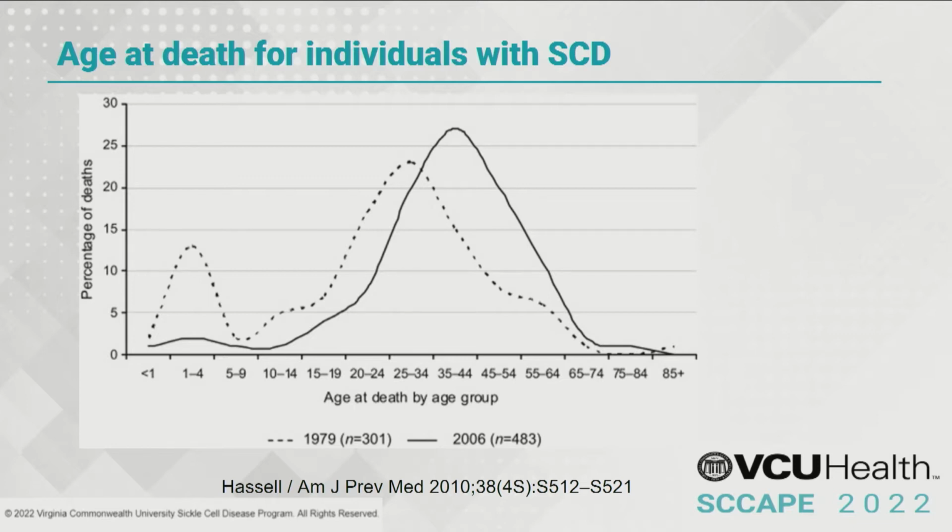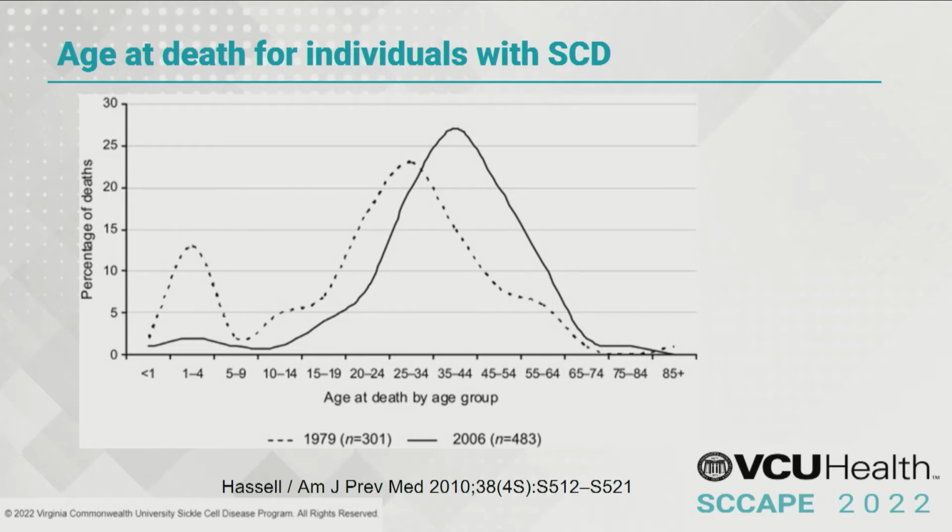What we see is that early on in the life of individuals with sickle cell disease, there is a spike in the mortality rate. And this is between 1 and 4. So there was a time when a lot of children with sickle cell disease would die. And then that mortality rate came down, but then it rose up again in their later teenage years.